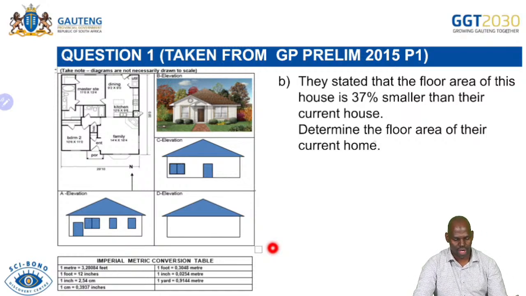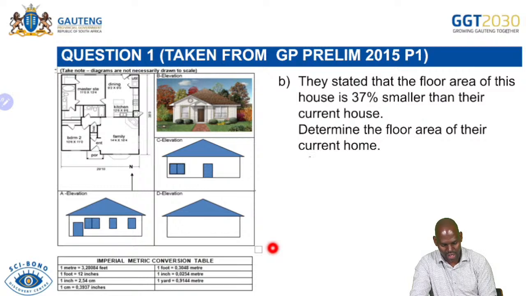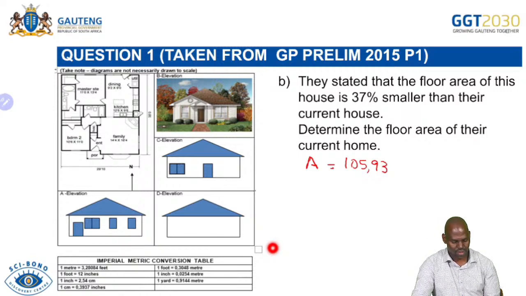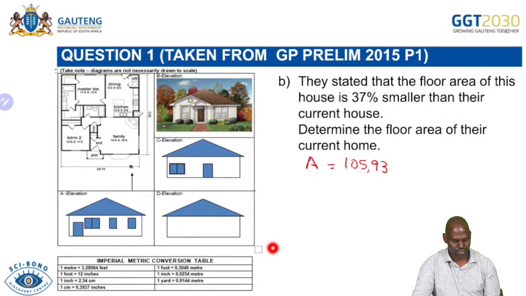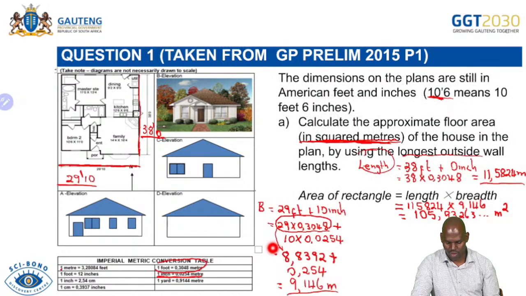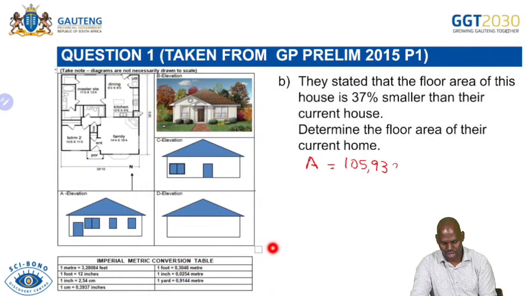Okay, if you look at the answer that you got, the area is 105.93. We can take the original value as it is, 105.93263 square meters.